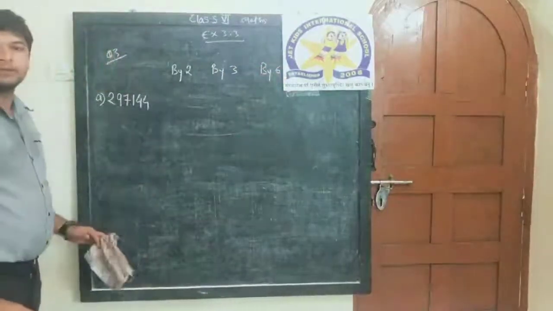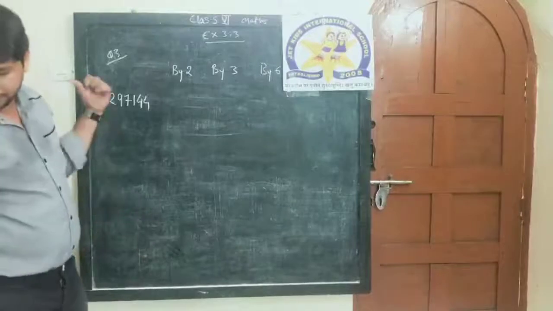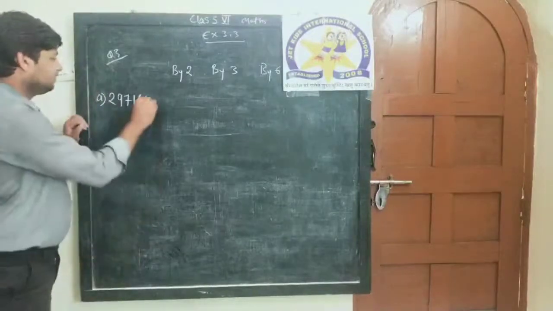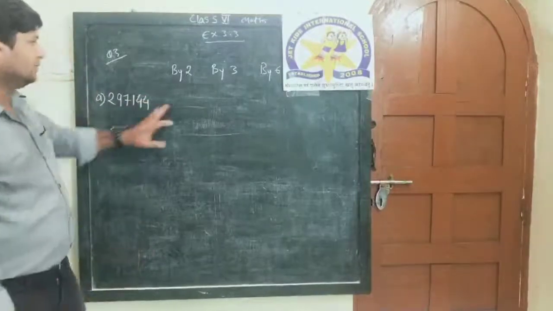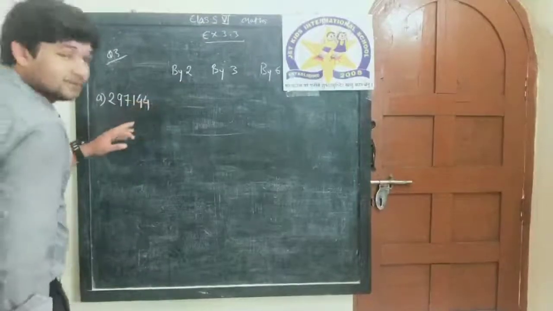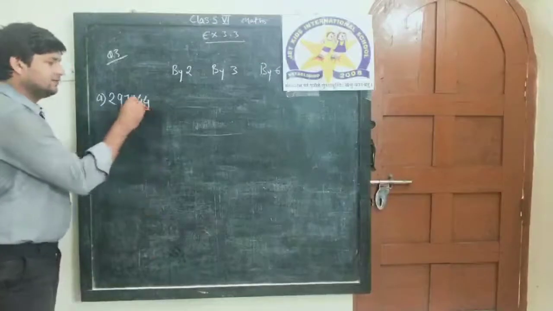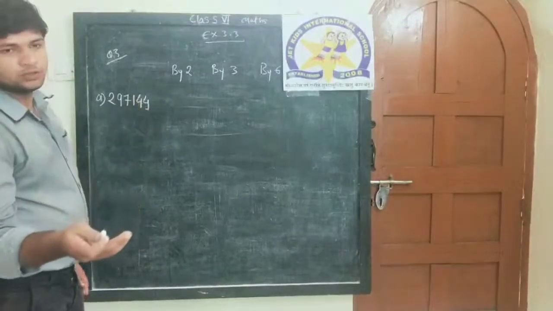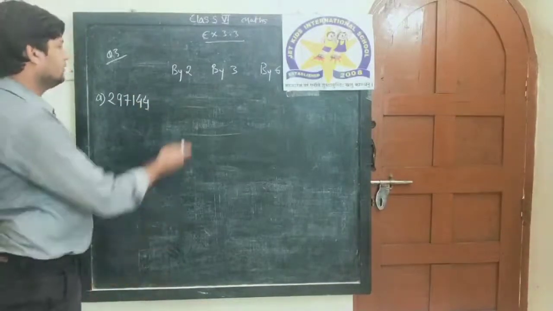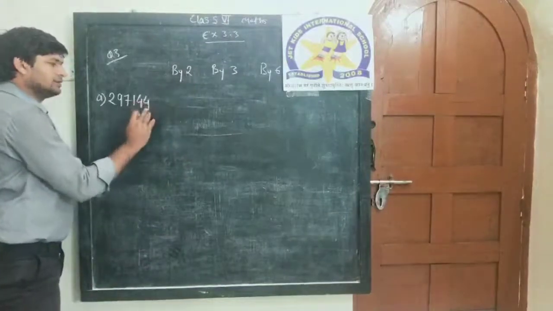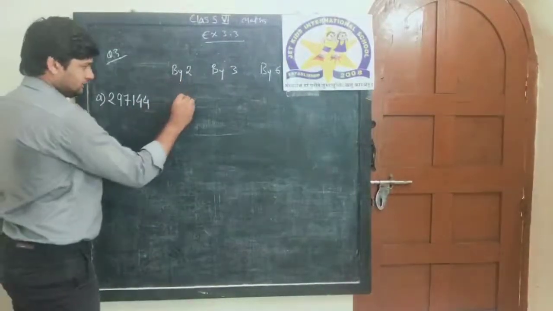In a similar way I am doing it in a tabular form, right? So here we have 144. It is very simple to find out whether it is divisible by 2 or not. How? If the unit digit is an even number, that is 2, 4, 6, 8, 0, then it will be divisible by 2. Yes, the unit digit is 4.